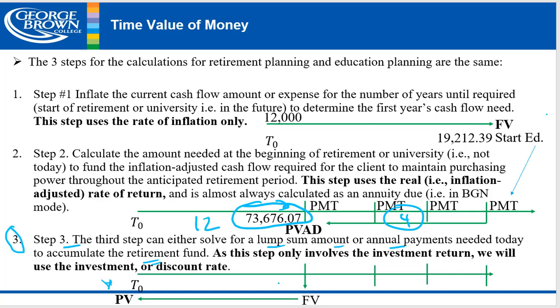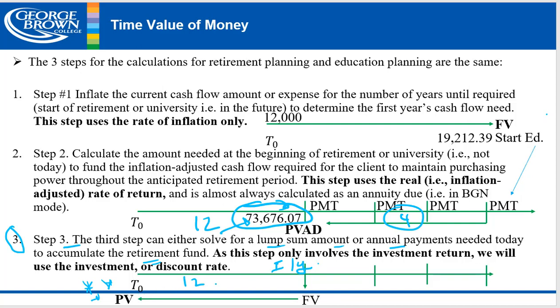Okay, so now what we're simply doing is we're going to calculate, that becomes our future value, and we want to know what is that amount today, either as a lump sum or how much would I need to save over the next 12 years so that I'm going to accumulate that as my goal, my target. Now this step, we're going to use the investment rate because we have our savings.